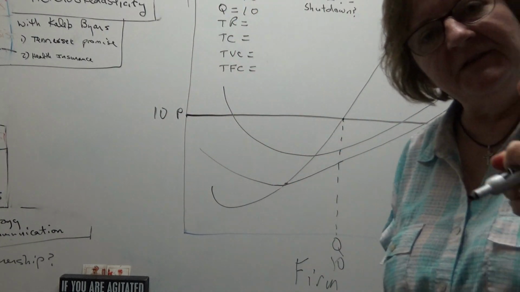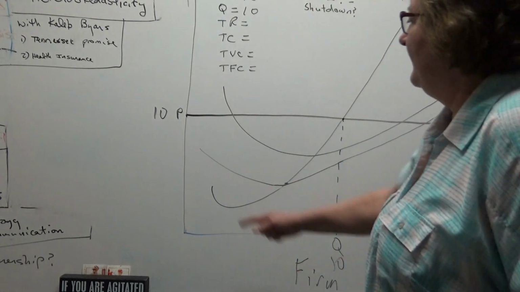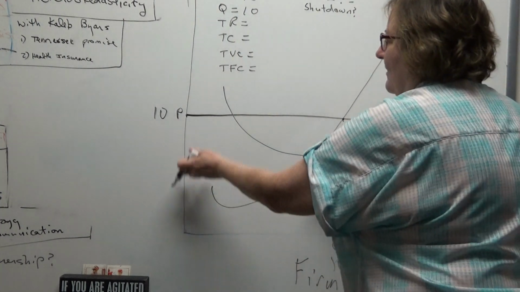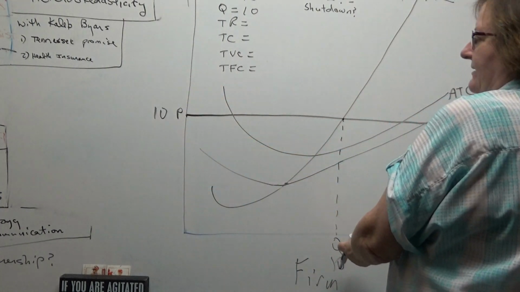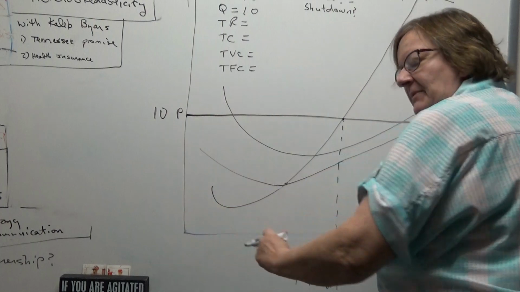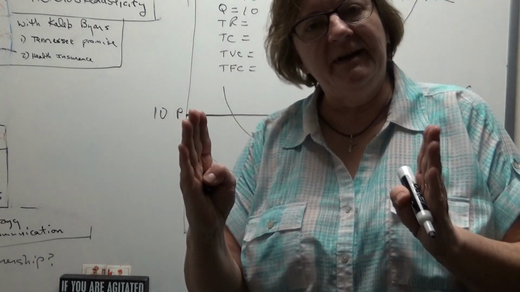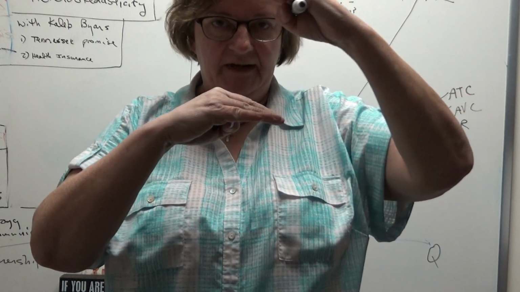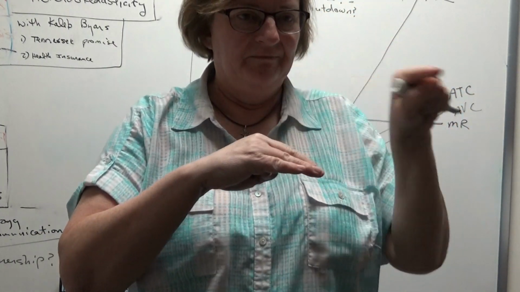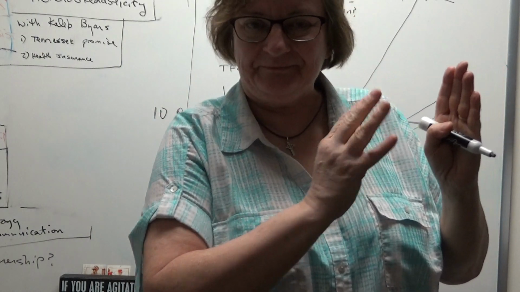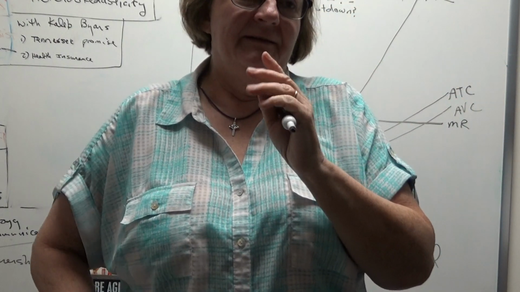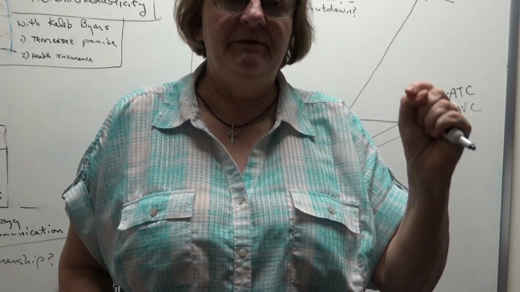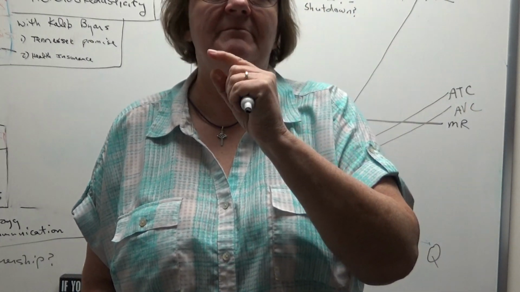Total revenue is the price times the quantity. So the height of the price times the quantity will give us an area that is 10 times 10. The totals are just like on your cost matrix.